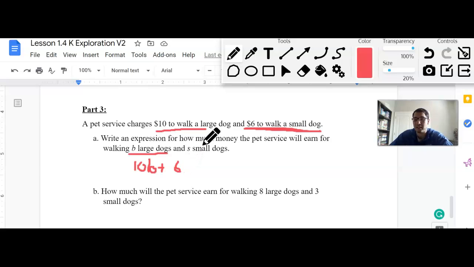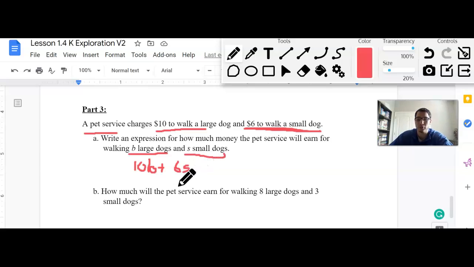And do we know how many small dogs we walked? Nope. So we use the variable s, small dogs. So 6 times the number of small dogs we walked, which we don't know. So that's times the variable s. So this is your algebraic expression for how much the pet service would make for walking B number of large dogs and S number of small dogs.